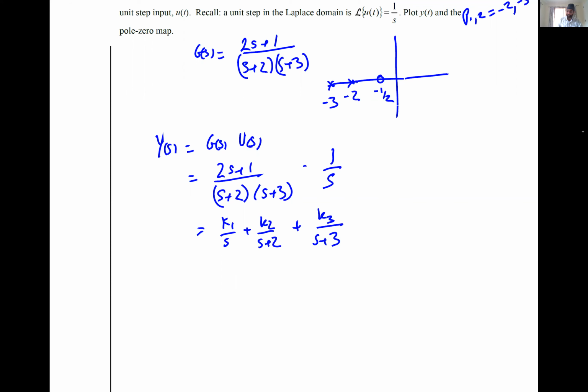We can solve for k1, k2, k3 using the cover-up rule. I'll let you do that yourself and satisfy yourself that this is equal to (1 over 6) divided by s, plus (3 over 2) divided by s plus 2, plus (negative 5 over 3) divided by s plus 3.